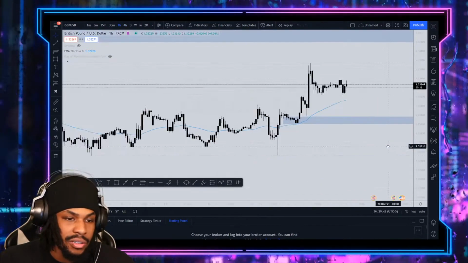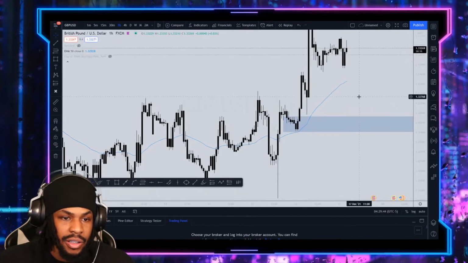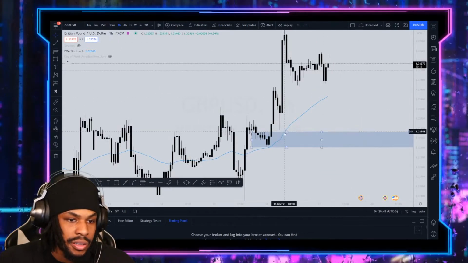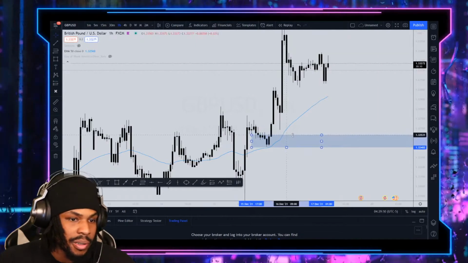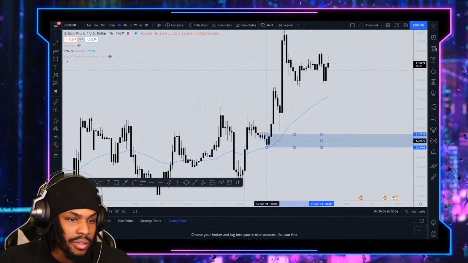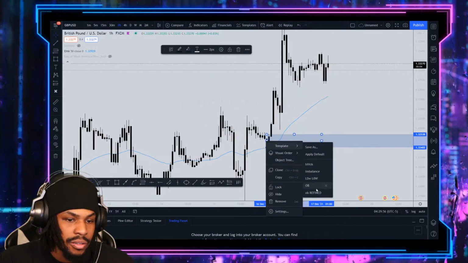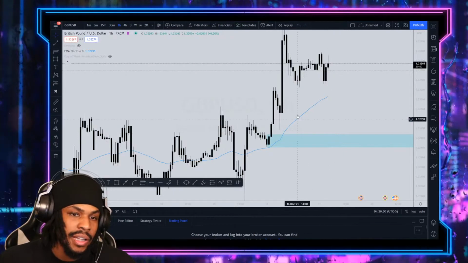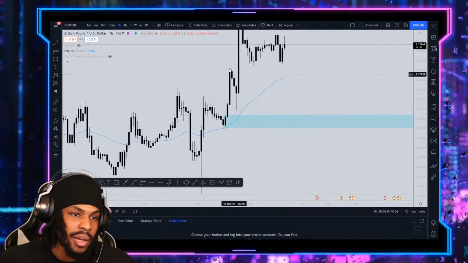All right, so now let's go to the 1 hour. I will probably refine this to the 1 hour. Order block refine. And this is a valid area to take a buy from as well.